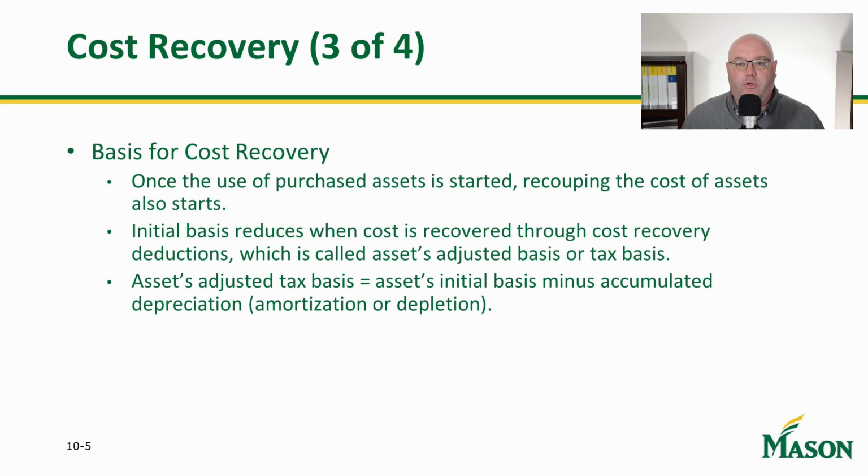Initial basis reduces when cost is recovered through cost recovery deductions, which is called an asset's adjusted basis or tax basis. And we kind of talk a little bit about this. This is one of the things I don't like about the online version versus the in-class version. I go through an entire example of this where we talk about how we're going to do this over bigger, better things.